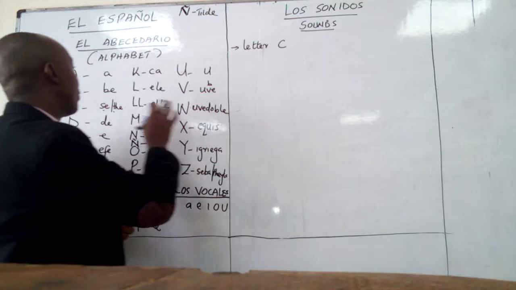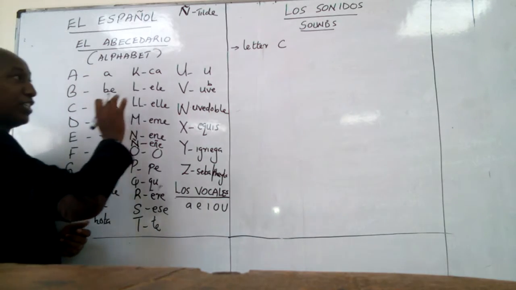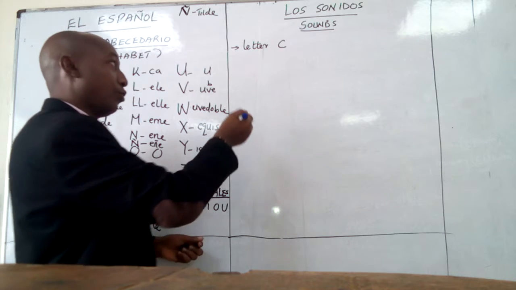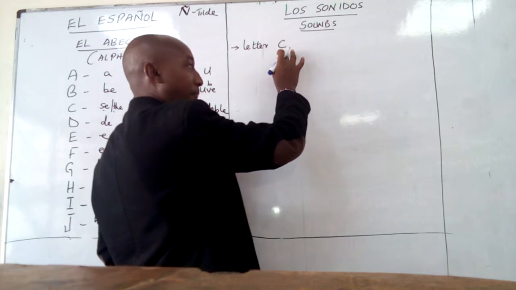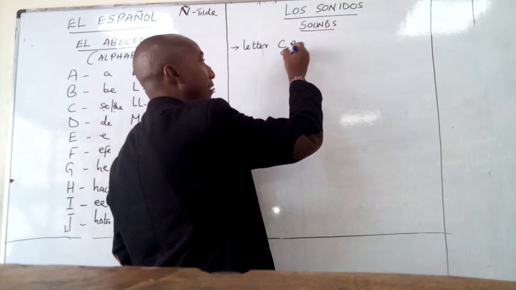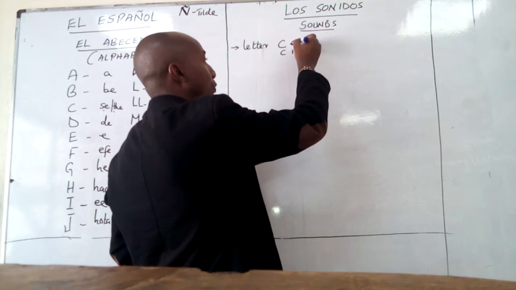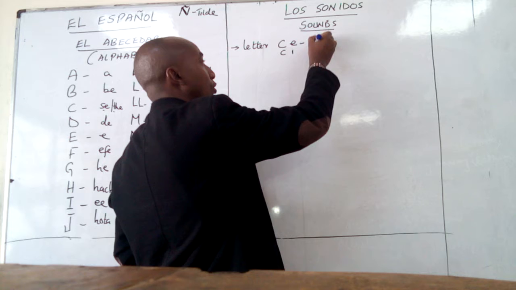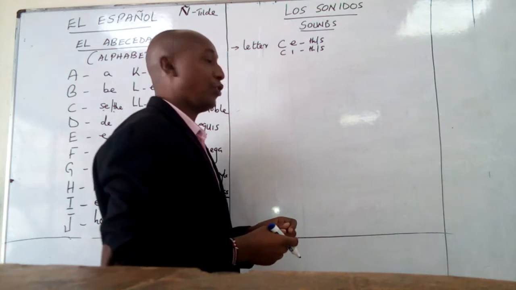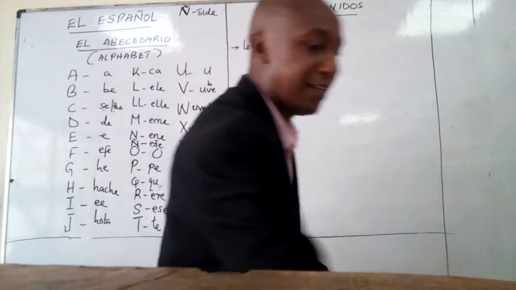So let's begin with letter C. In English, it is different from what we have in Spanish. So we will say letter C, followed by E or followed by letter I. We pronounce them with a TH or S sound. Let's give an example.